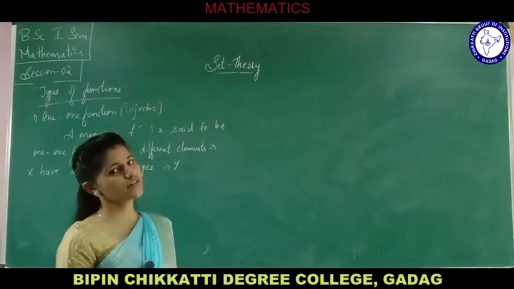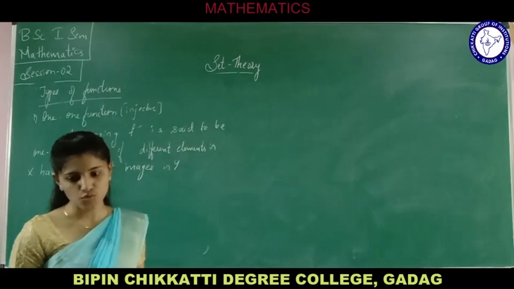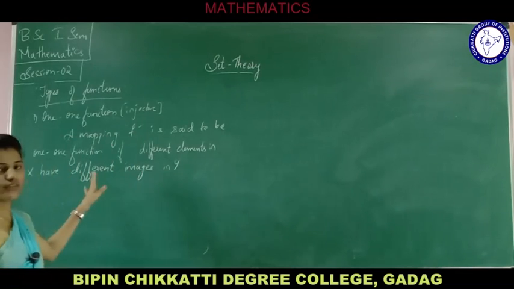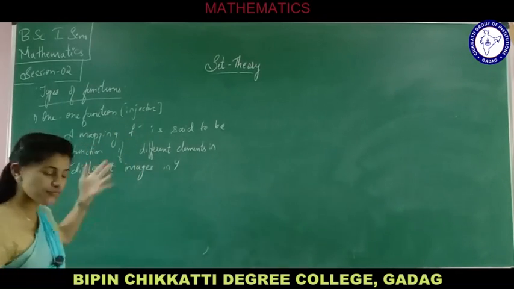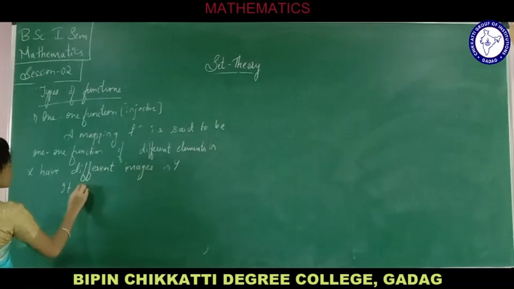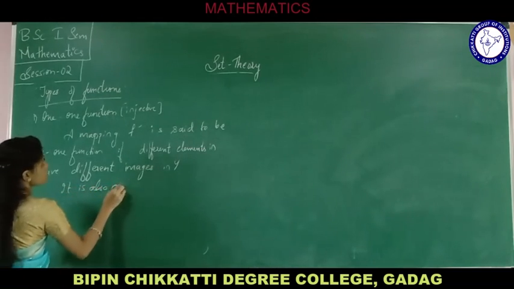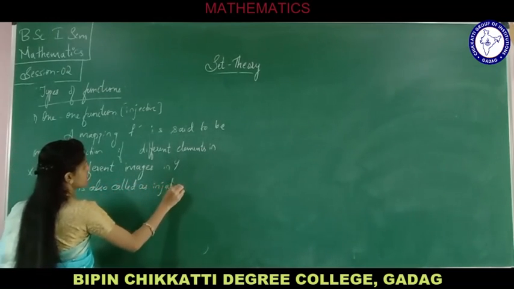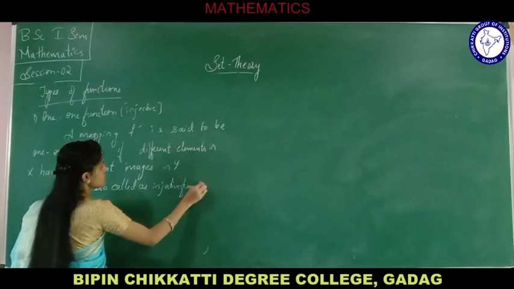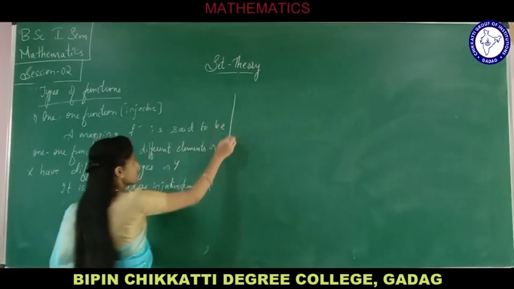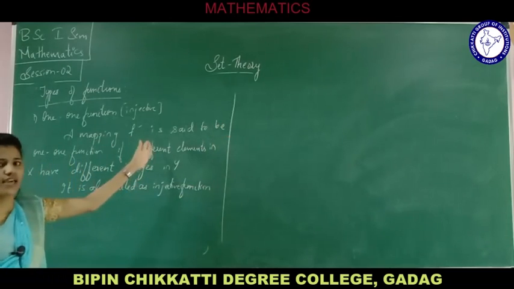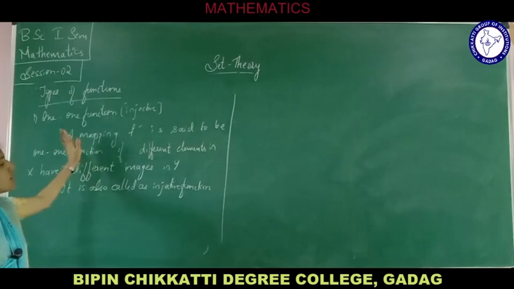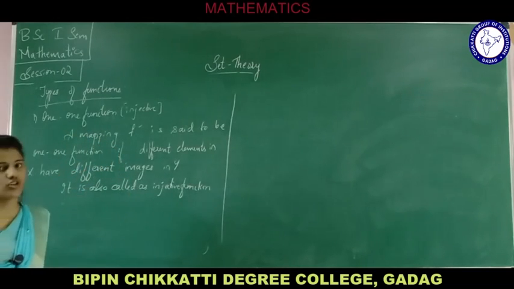Equivalently, f of x1 equal to f of x2 implies x1 equals x2. If it satisfies this condition, then we say it is a 1-1 function, also called an injective function. For different elements of x there should be different elements in y. Then we call it a 1-1 function, injective function or injection.